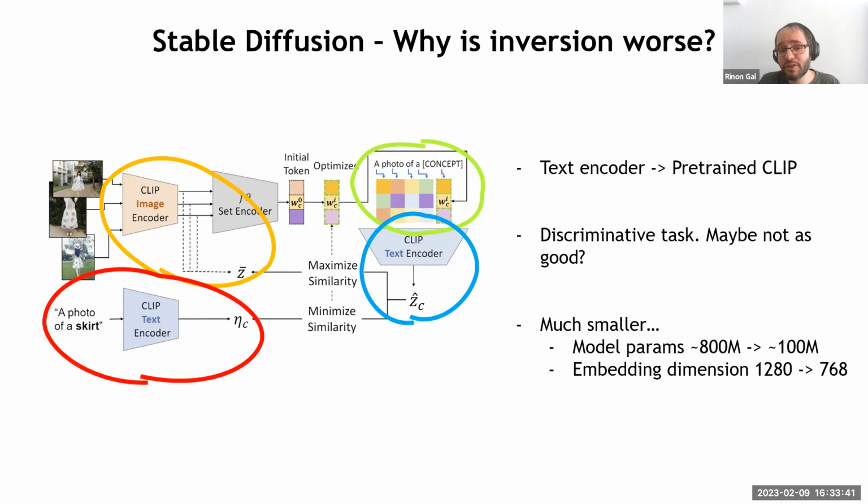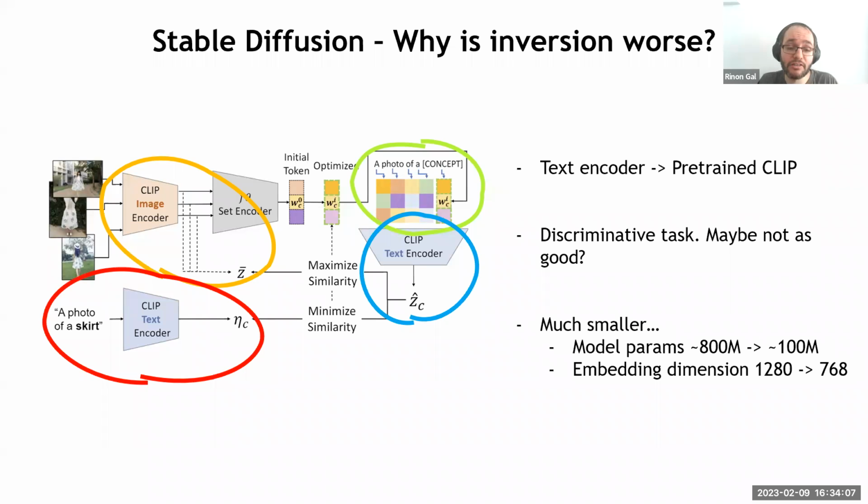And we actually think that the second problem is the more severe issue here, because fairly recently, Stable Diffusion 2 came out. And the main thing they changed there is that they're using an OpenCLIP text encoder, which is a bit bigger than the original CLIP model. It's roughly 300 million parameters.